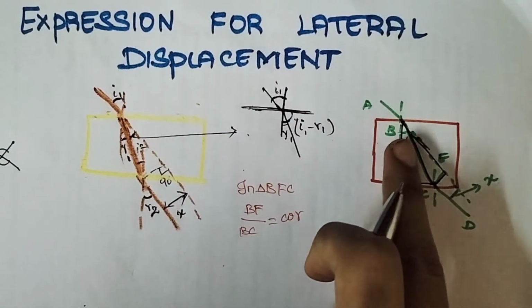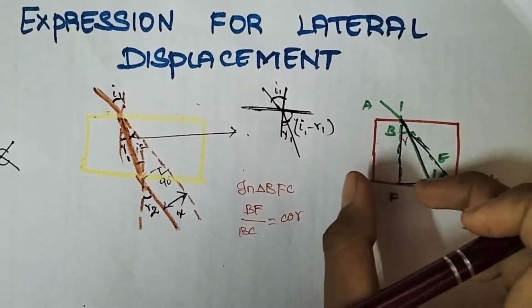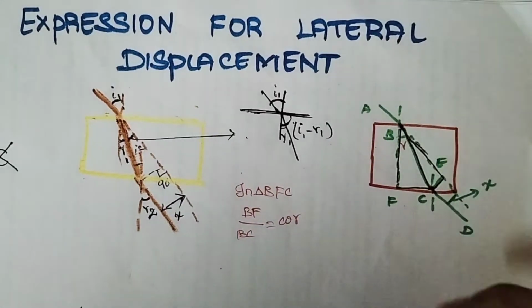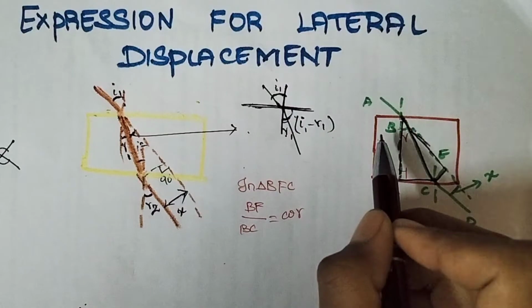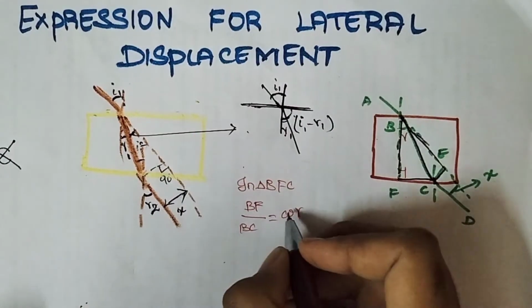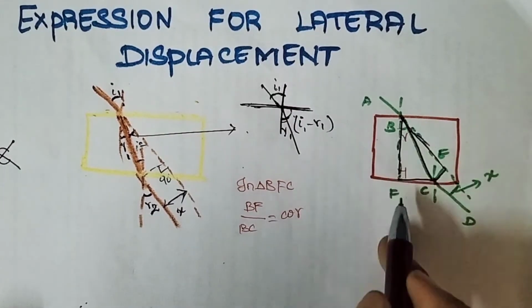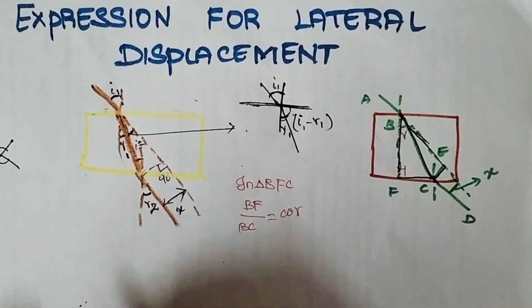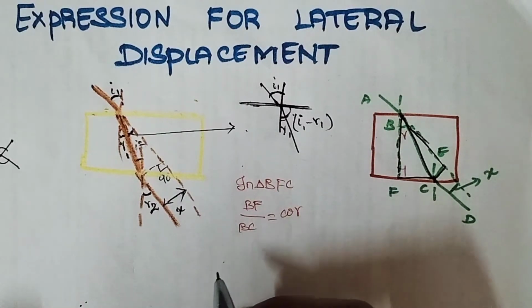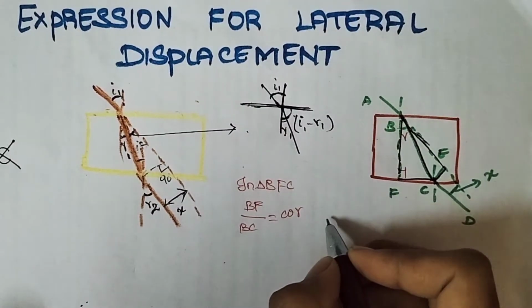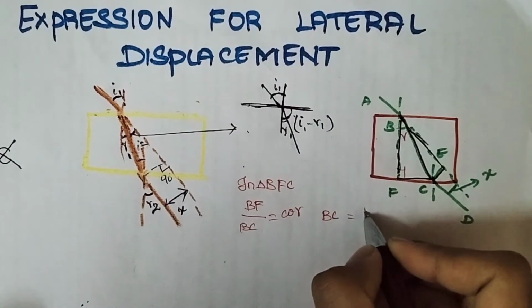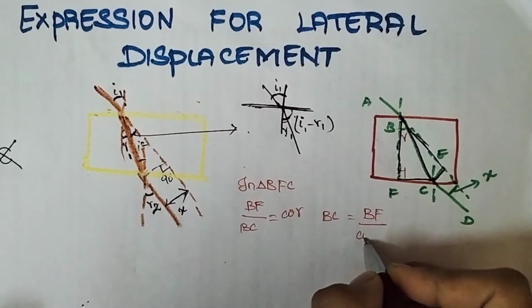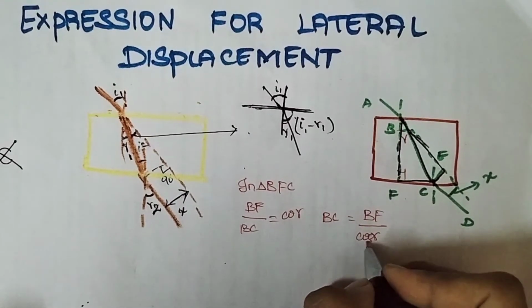We know that cos is adjacent by hypotenuse. This is 90 degree. Then this acts as hypotenuse and this acts as adjacent. So BF by BC is cos R. From this we can write BC as BF by cos R. Correct.